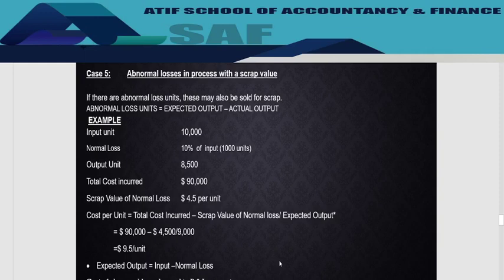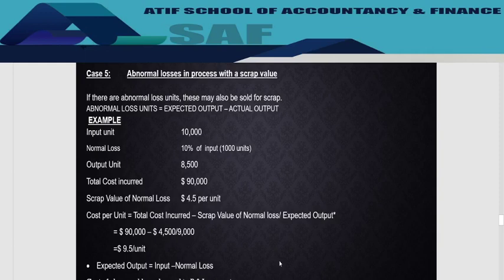Irrespective of the fact that actual loss units are greater than normal loss units, always remember it is only the scrap value of the normal loss which is subtracted from the total cost incurred to calculate the cost per unit. So cost per unit would be $90,000 minus 4,500 scrap value of normal loss divided by 9,000 units expected output, and hence you will get the cost per unit as $9.5 per unit.